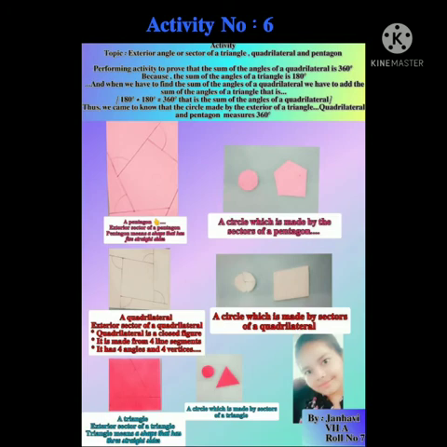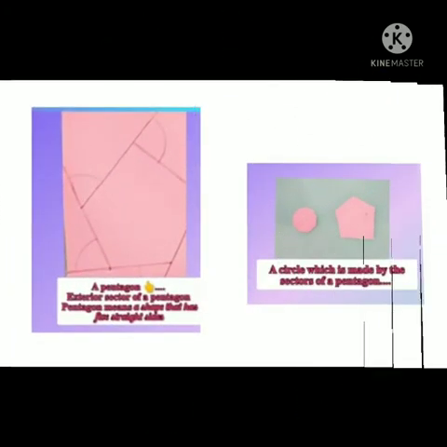Thus, we came to know that the circle made by the exterior sectors of a triangle, quadrilateral and pentagon measures up to 360 degrees. So let's start our activity to prove them all.